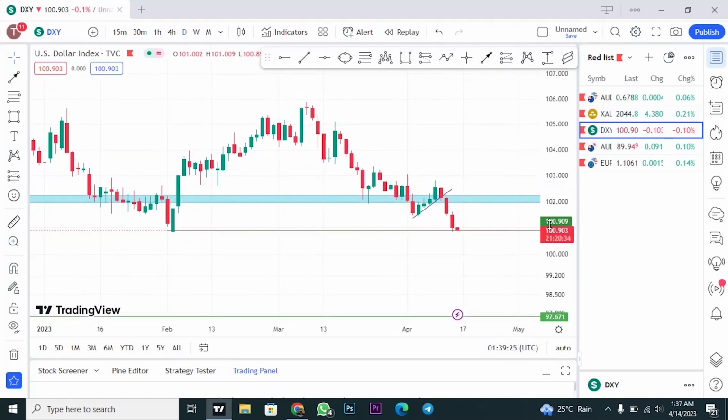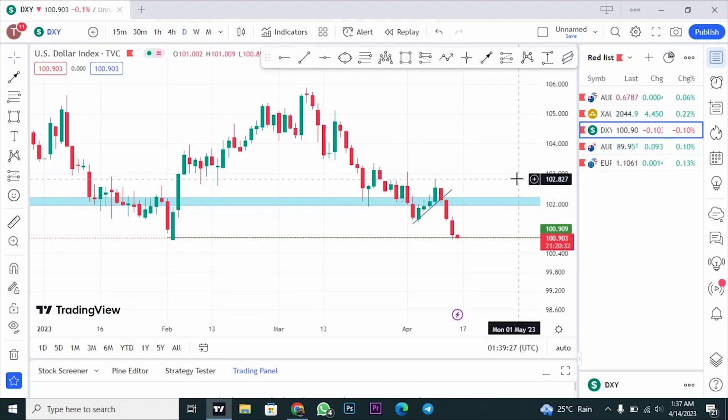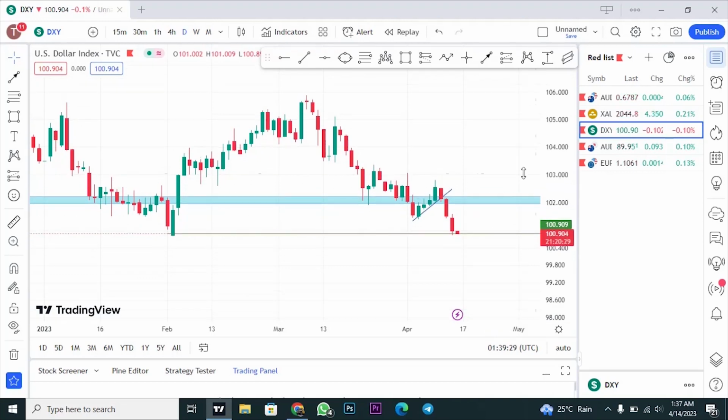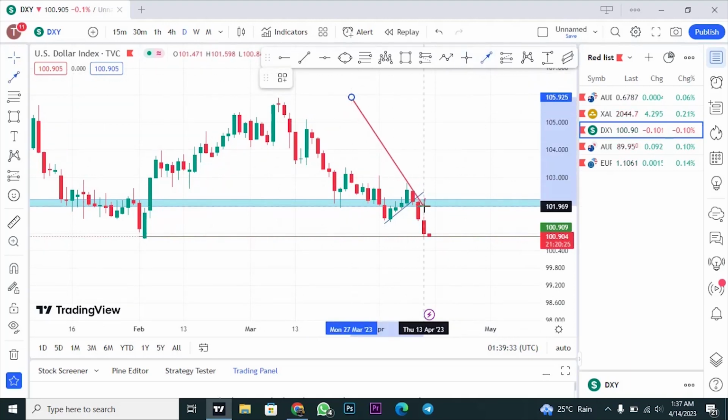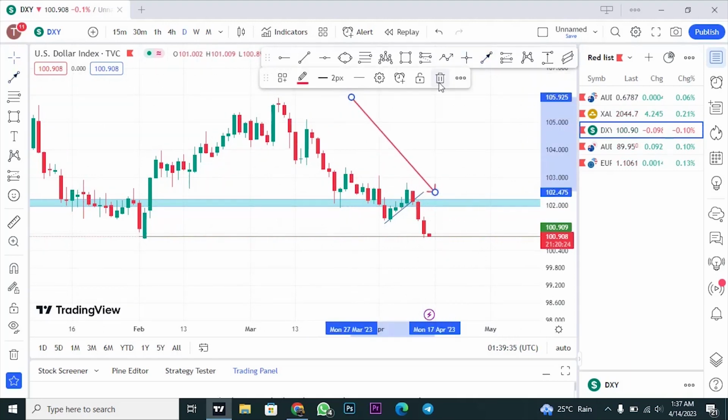So on DXY, I'm currently on the daily time frame. On the daily time frame, as I already stated, the DXY is moving impulsively bearish.